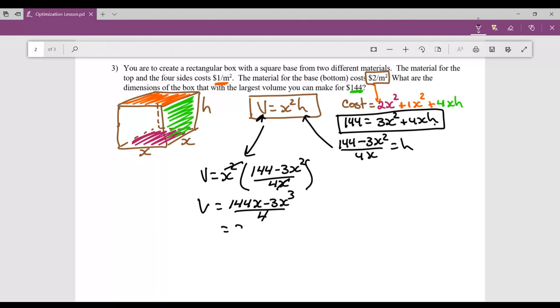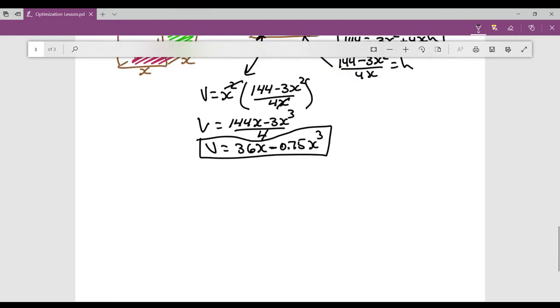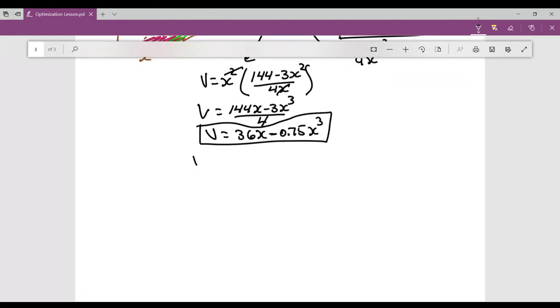144 divided by 4 is 36, and 3 over 4 is 0.75, since we learned that's an actual decimal. I know I'm using decimals. Be okay with it. There's our volume equation. Now it's a matter of deriving this to find the critical numbers.